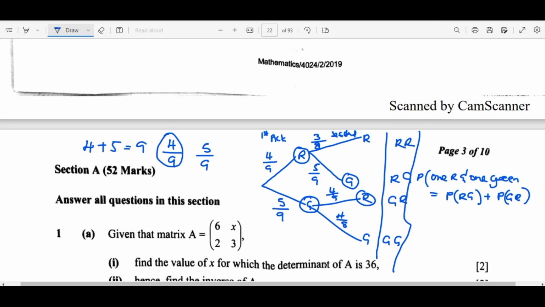Okay, so here we can do some mathematics. We can substitute because we have this. So RG, where is R? We pick from the tree diagram there.